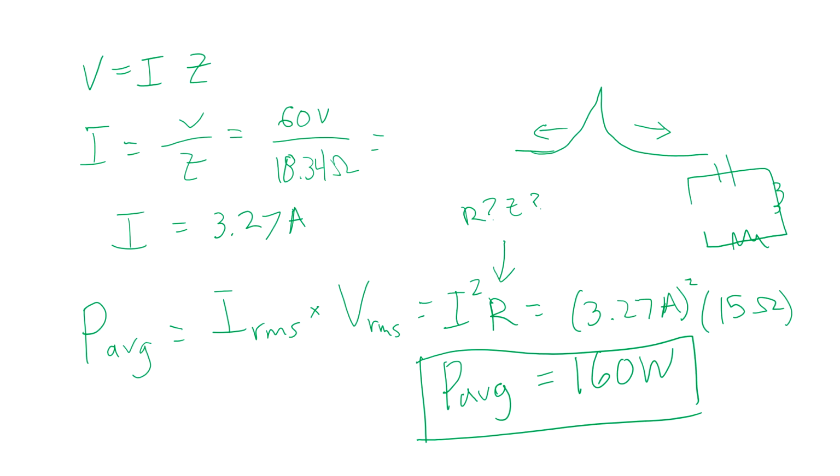We've got to follow the loop law and the junction law, that the current has to be the same. But think about the voltage as well, that the voltage drops.